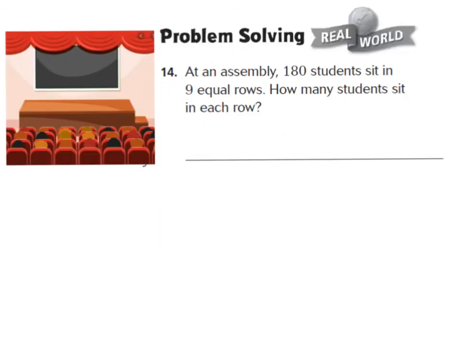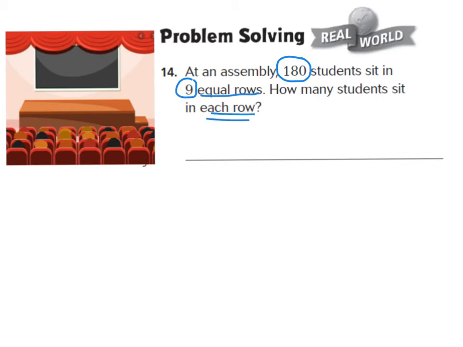All right, let's move down to number 14. We are going to read this word problem. Make sure to circle or underline any keywords with me. It says, at an assembly, 180 students sit in 9 equal rows. How many students sit in each row?